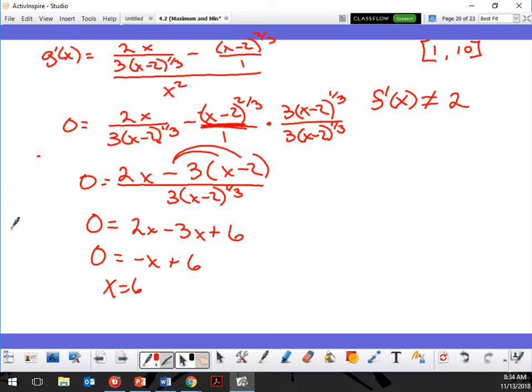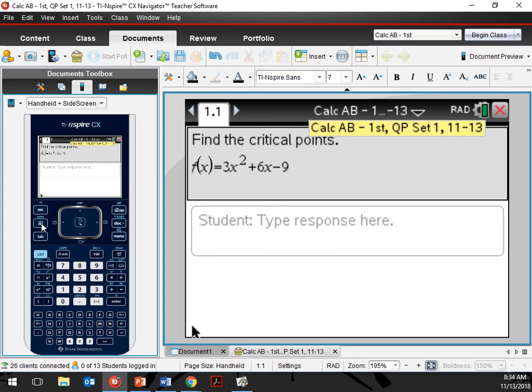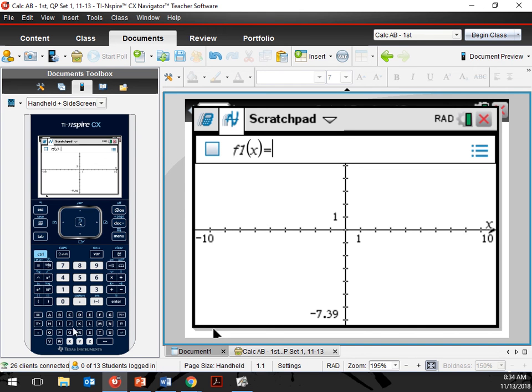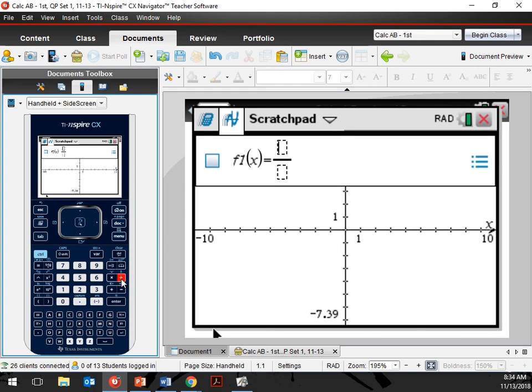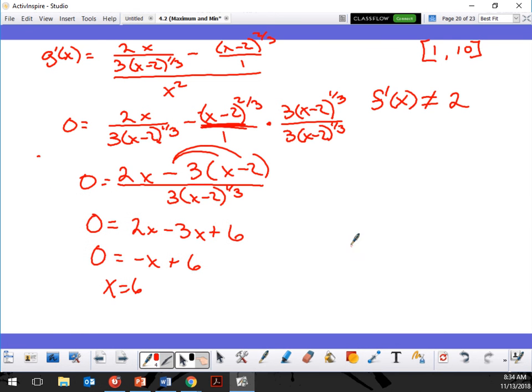So in your calculator, you guys are going to try this. Go to documents, graph, right here. So my function, control divide, so it was parentheses x minus 2, close, raised to the 2 over 3, all that's over x.